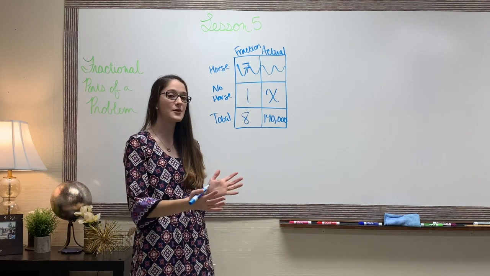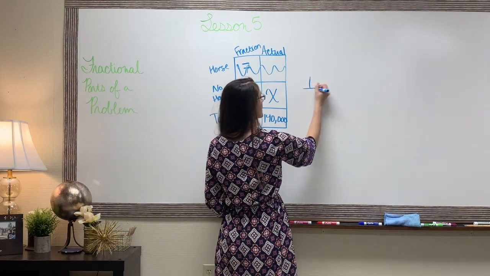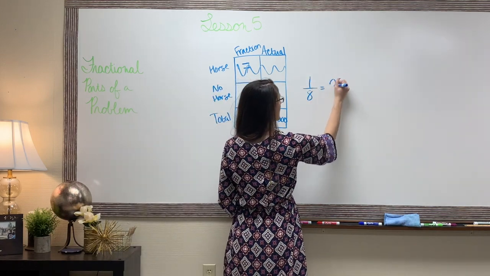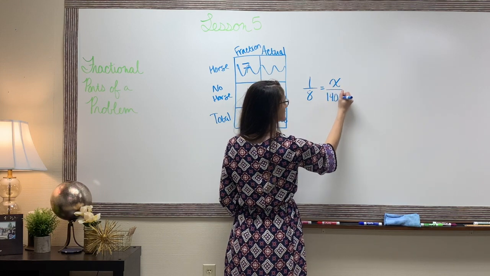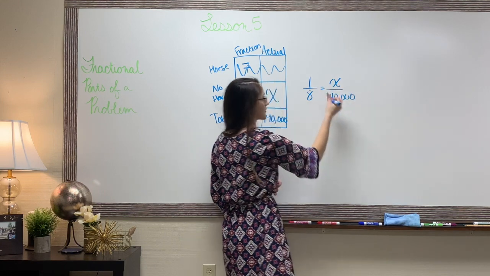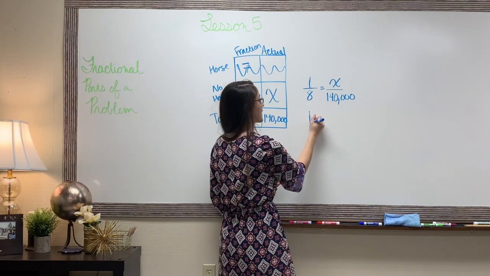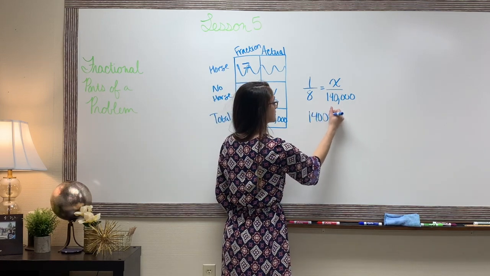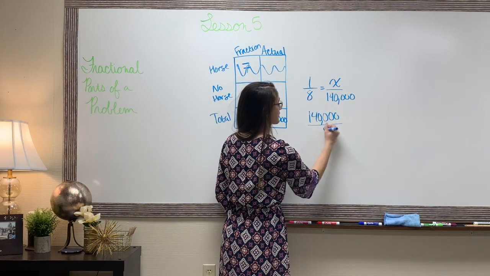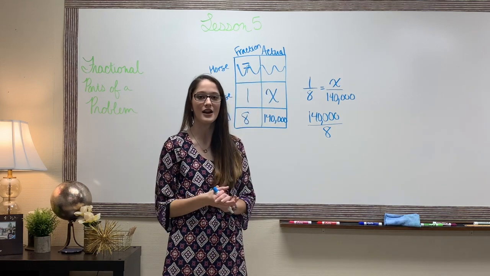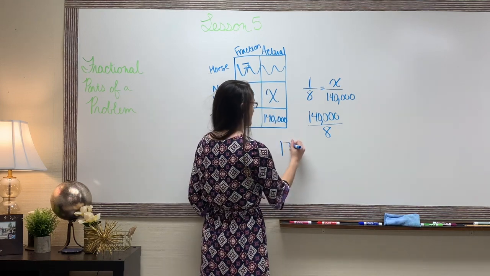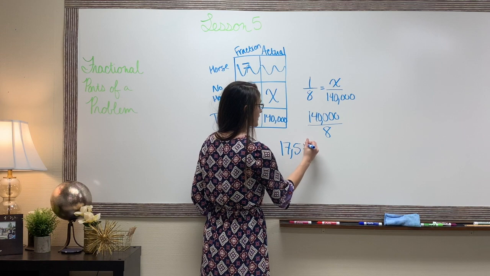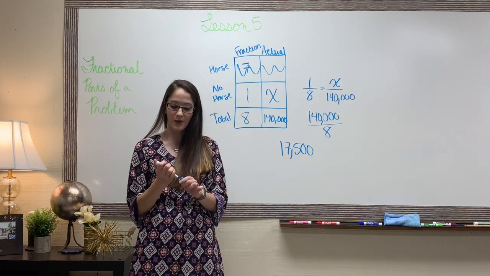We're going to set this up as a ratio problem. So 1/8 equals x over 140,000. And then we have 140,000 times 1, so 140,000 divided by 8. And you can put that in your calculator and you will get, again, 17,500. So again, both ways work.